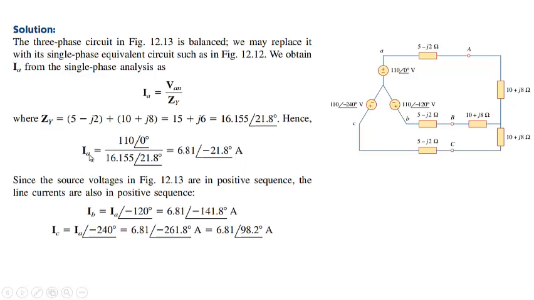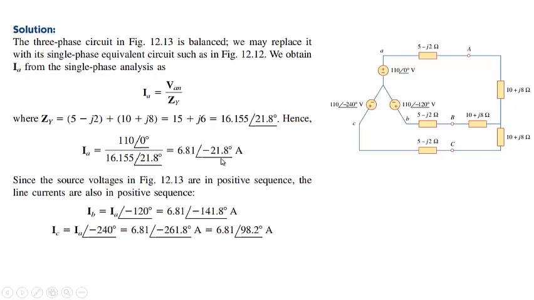Hence IA is equal to this voltage source divided by its impedance ZY, that is 110 divided by this, which is 6.81 at an angle of minus 21.8 degrees. Since the source voltages in this figure are in positive sequence, the line currents are also in positive sequence. So IB can be calculated with the same magnitude, and the angle displaced by 120 degrees.